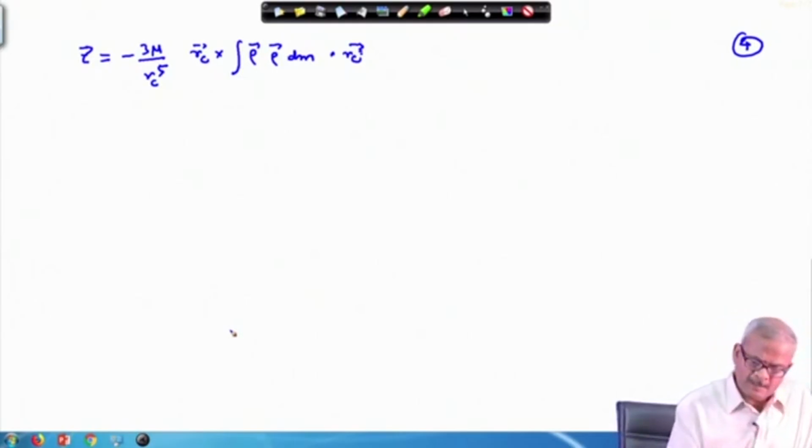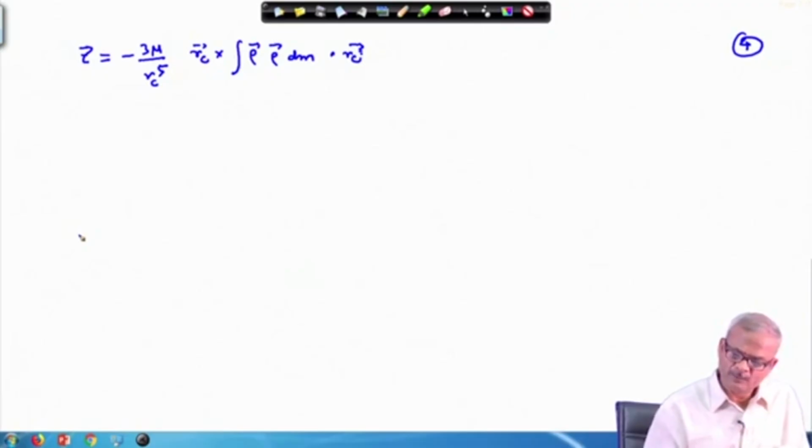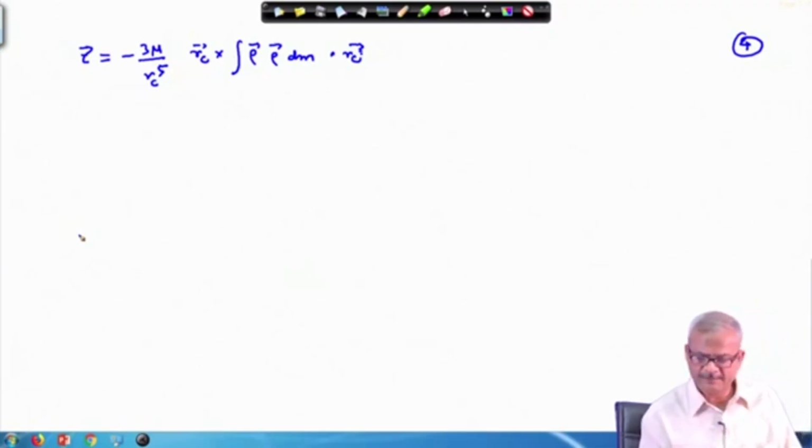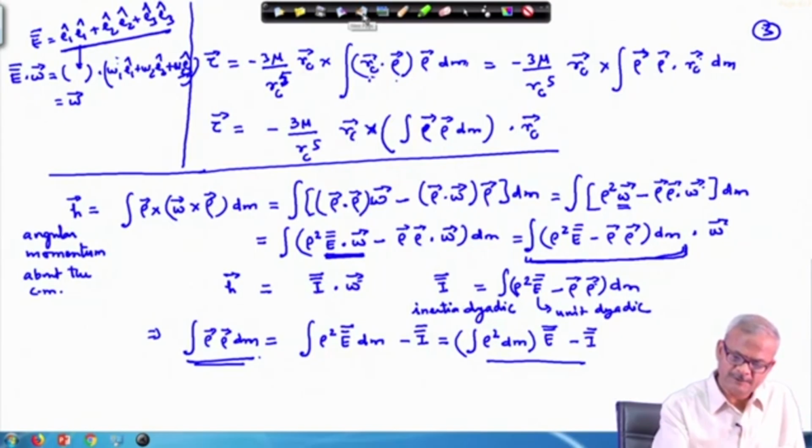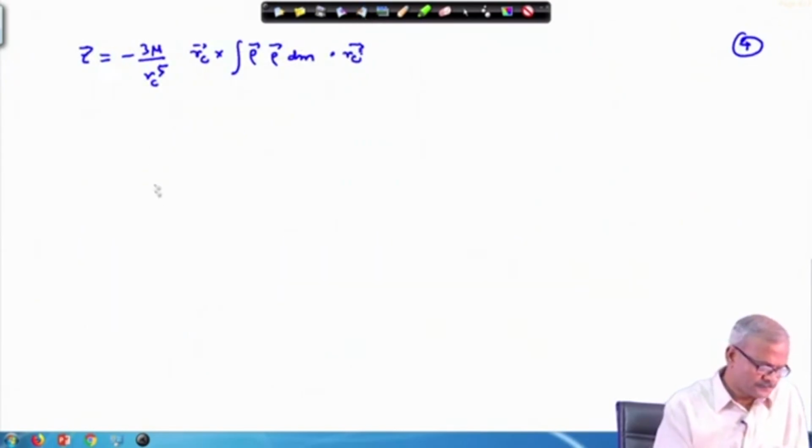Okay. So, moreover, we use the result that we have derived on the previous page. I mean this result we can use, we need to replace it. Okay.